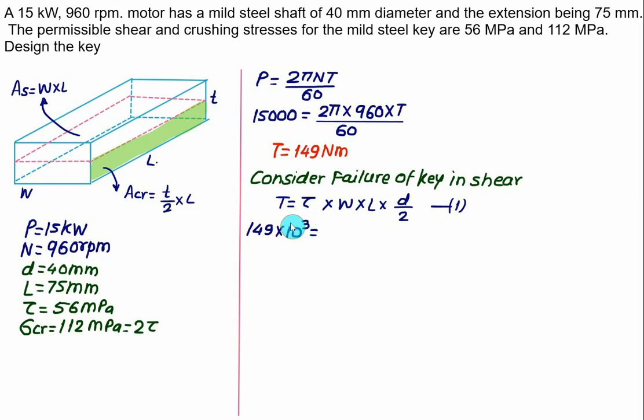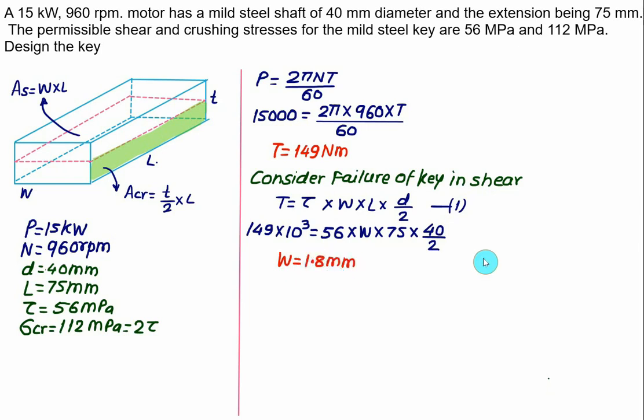Shear stress tau you have to use as 56, multiplied by width W, which we don't know, length L equal to 75, multiplied by the diameter of the shaft, 40 divided by 2. Solve this and we obtain the value of width. So the value of width comes out to be 1.8 mm.